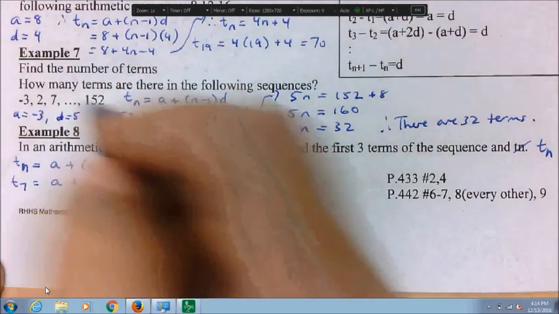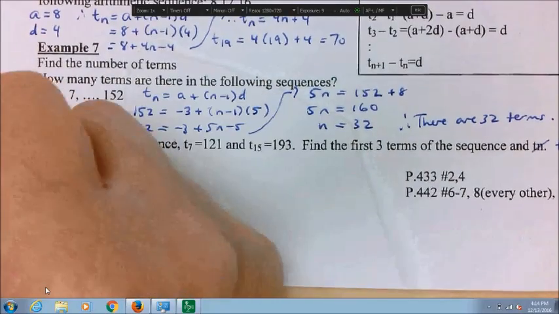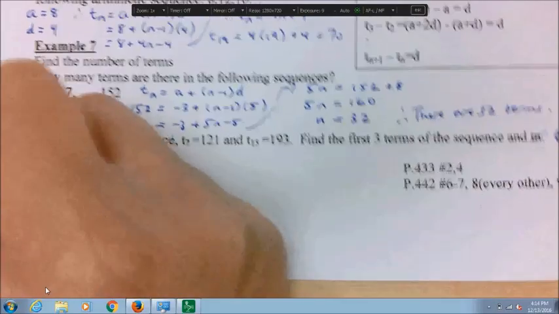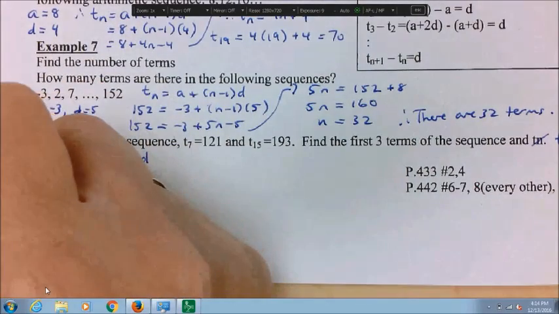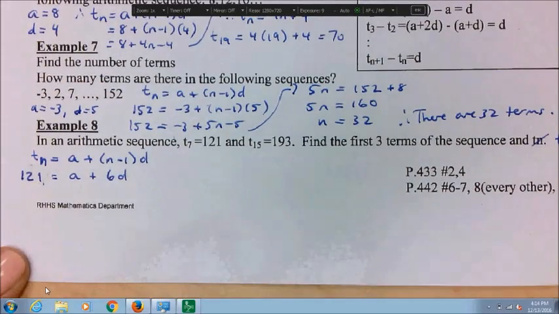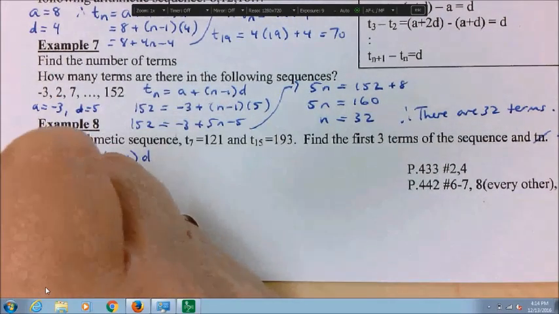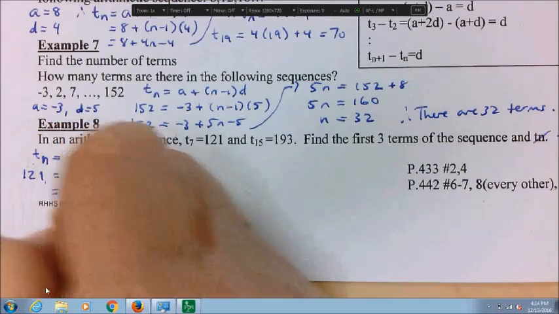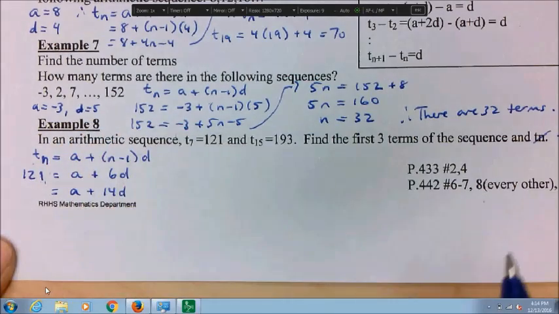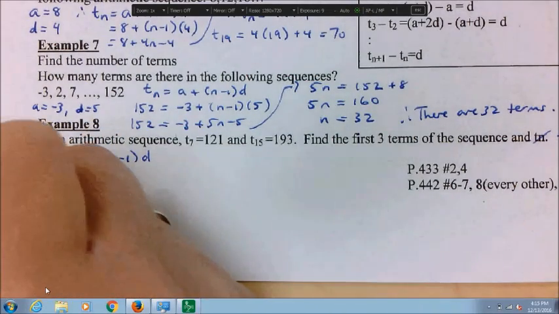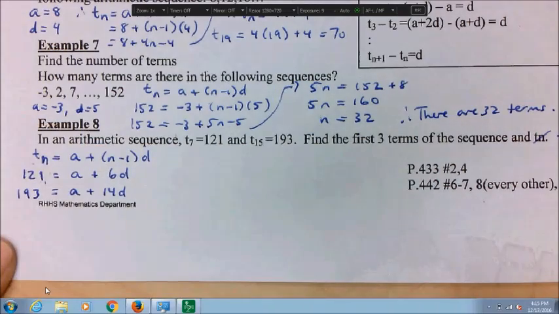But we know T7 is 121, so I'm going to erase this and instead of T7, I'm going to write 121. So that now represents our 7th term. And I can do the same thing for the 15th term, because T15 is a plus 14d. And T15, they gave us as 193.